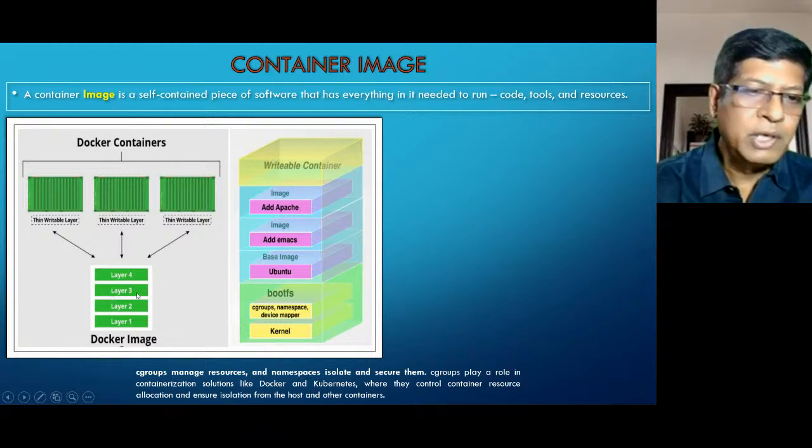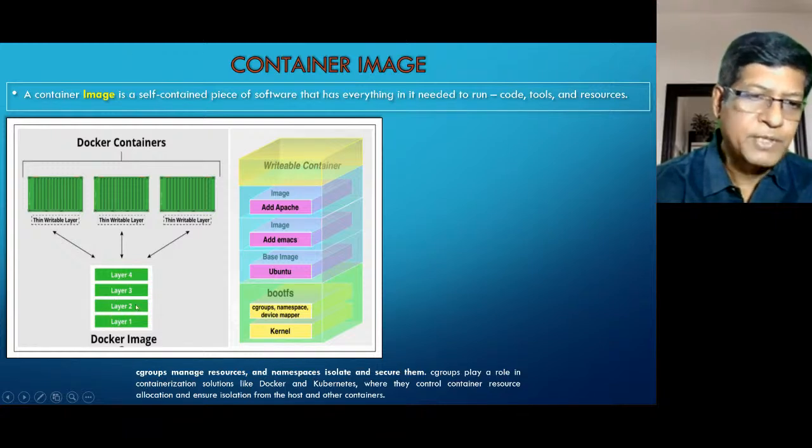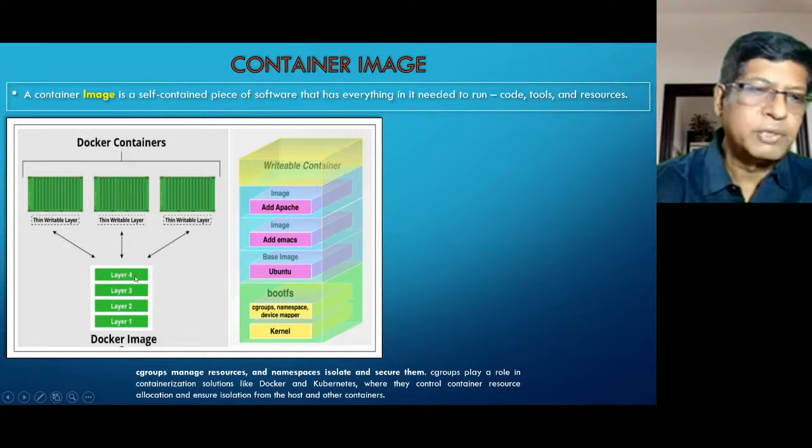Let's say this is the OS, a very lightweight OS like Ubuntu or Windows. On top of this, you installed Apache web server. On top of that, you installed Java. And on top of that, some Java application or jar file. So you basically wanted to execute your application.